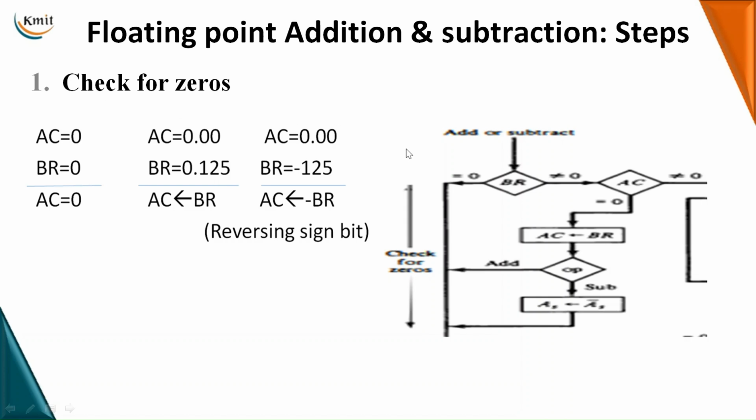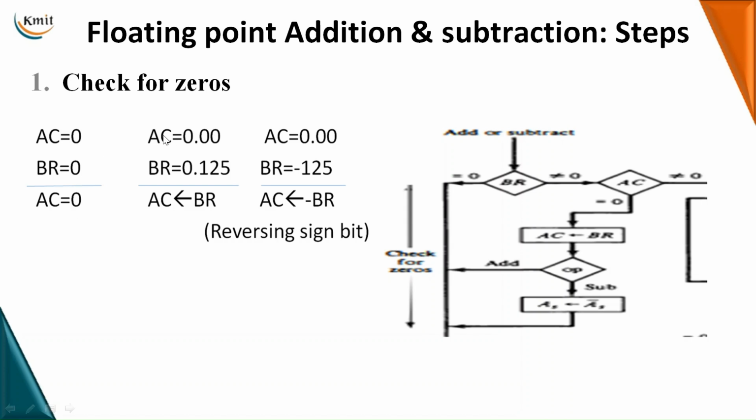The result of your operation depends upon the operands which are stored in the AC and BR registers. So before proceeding with the addition or the subtraction operation, you are first checking whether any of your operands are zero. For example, if you consider the AC and BR registers, which are your operands, if both the operands are zero, obviously the result of your addition or subtraction operation becomes zero.